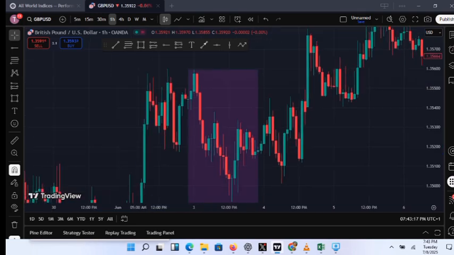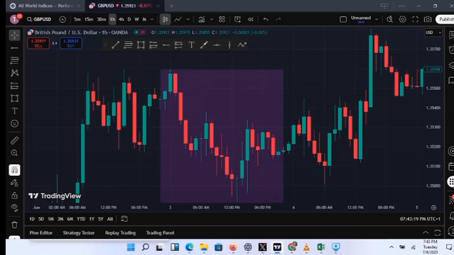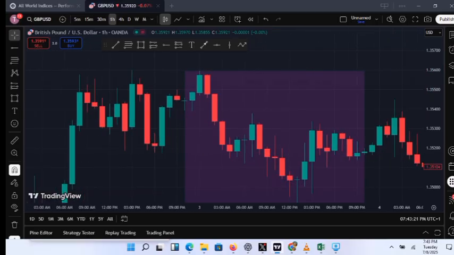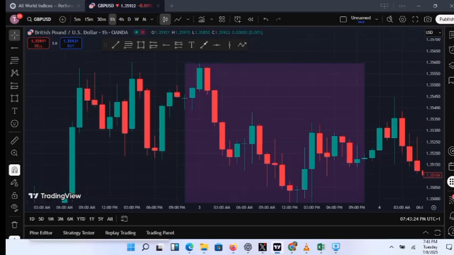So where is the last pullback here? Okay, let us mark the structure. It starts from down there, but let me mark what you actually need. Can you see how it is? So the market stopped here, down.